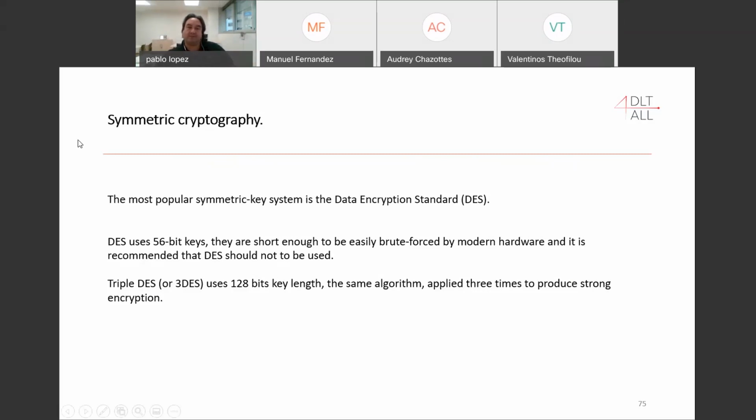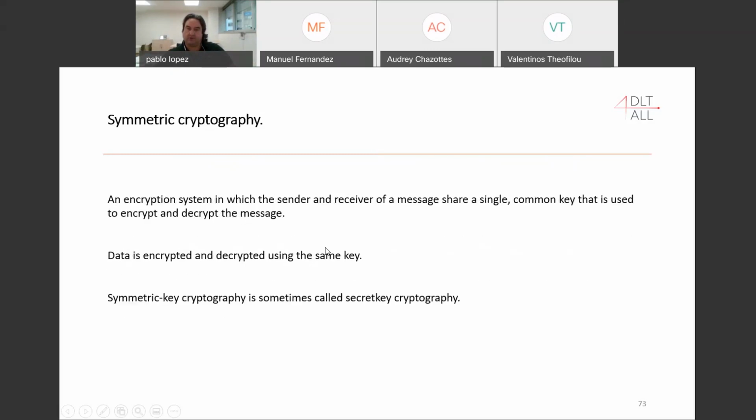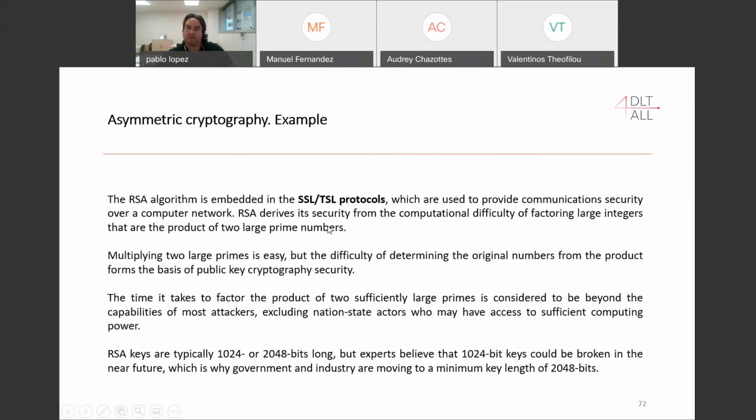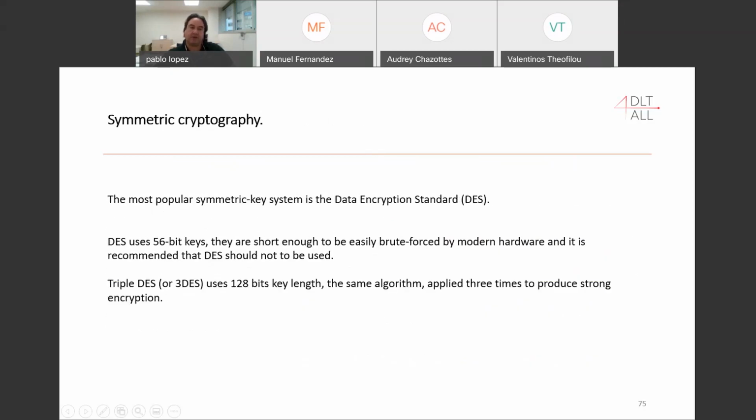Remember, in asymmetric we were talking about long bit lengths, and here we are talking about 56-bit keys, which are short enough to be easily broken by modern hardware, so it is recommended that they should not be used.